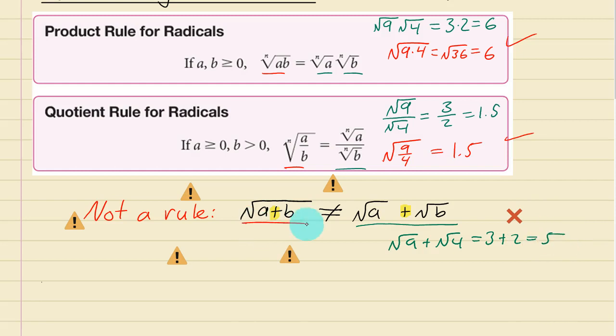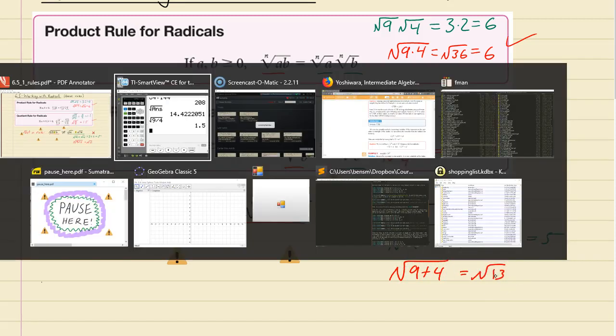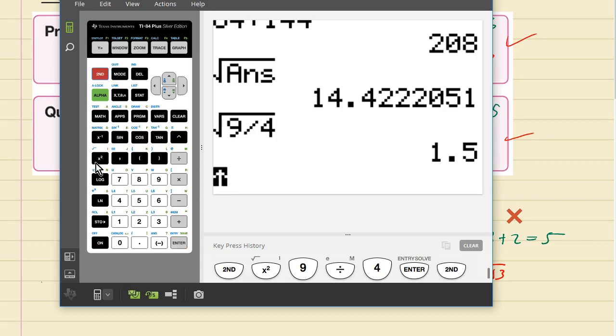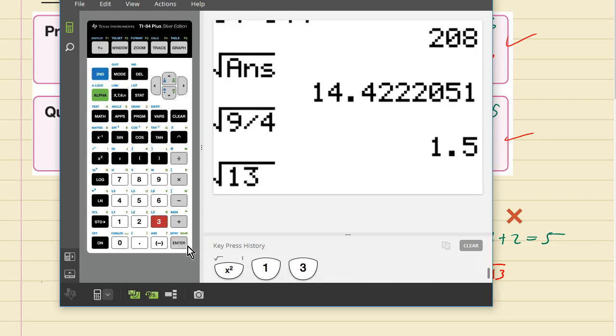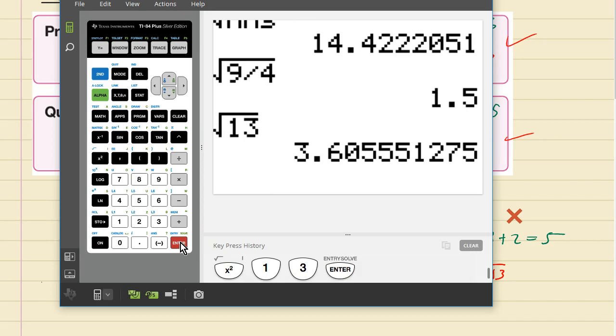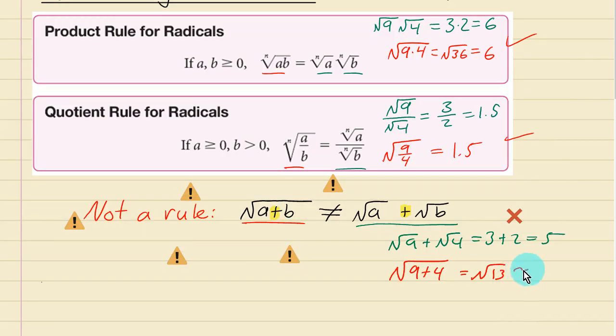And then on the other side, the square root of 9 plus 4 gives you the square root of 13, which is approximately 3.6. So those are not the same thing. So be sure that you don't distribute radicals like that.